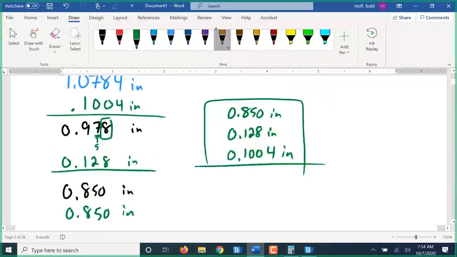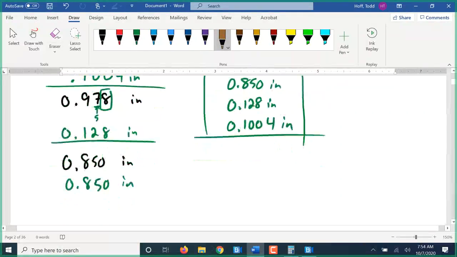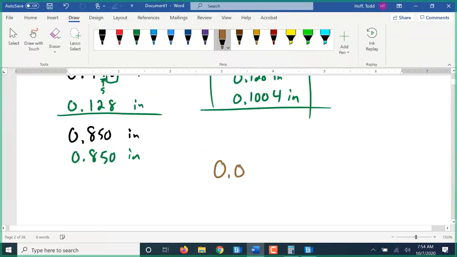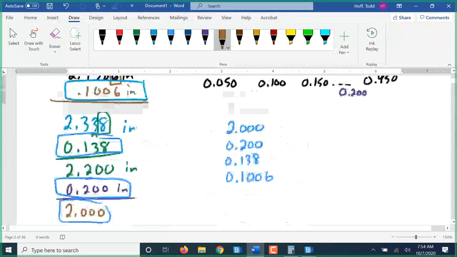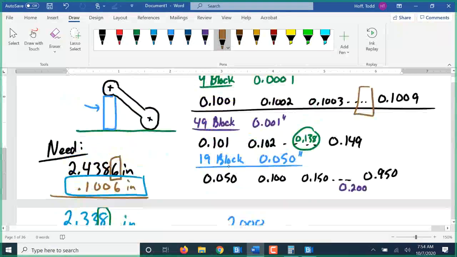Now this example brings us to, what if what we wanted to build was simply 0.0784? Well, we cannot build that. It's too small. The smallest block we have in our set is the 50 thousandths here.